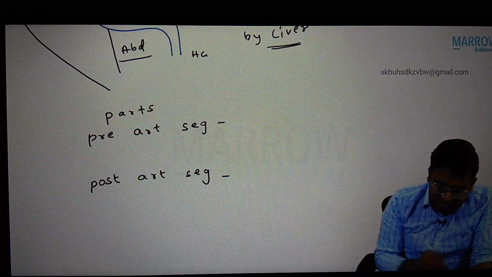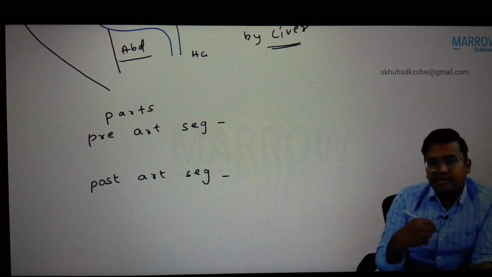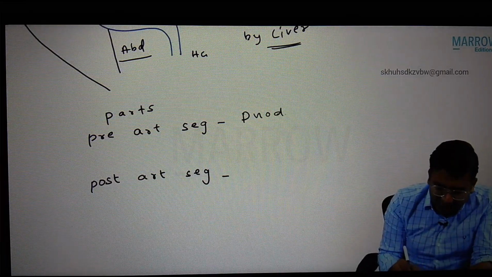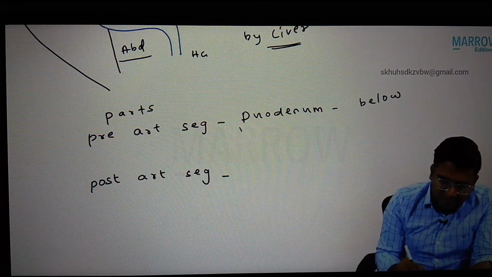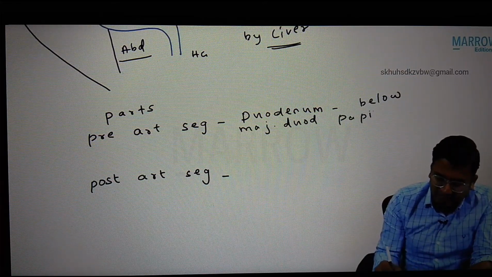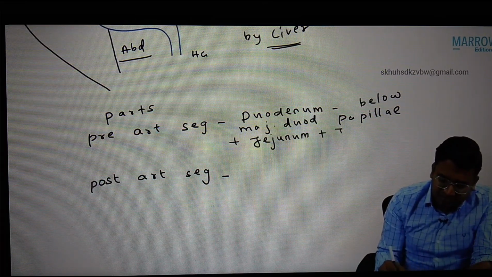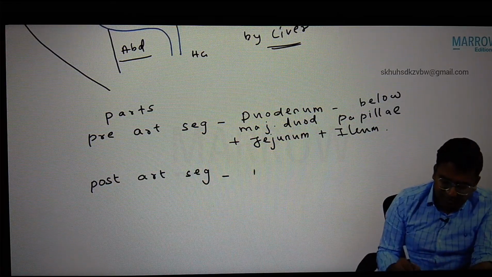Now, what are the parts in the pre-arterial segment? The remaining part of the duodenum below the ampulla of Vater, the duodenum present below the major duodenal papilla, plus jejunum, plus ileum. What are the post-arterial segment parts?